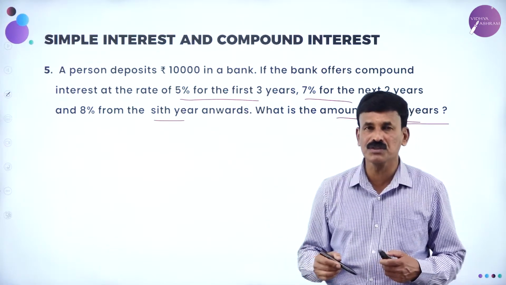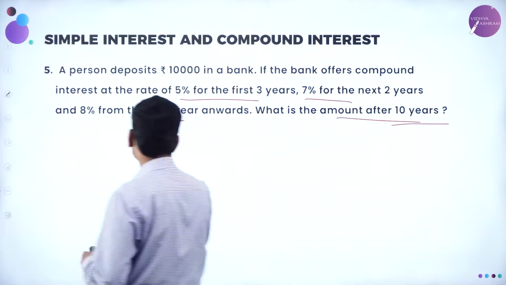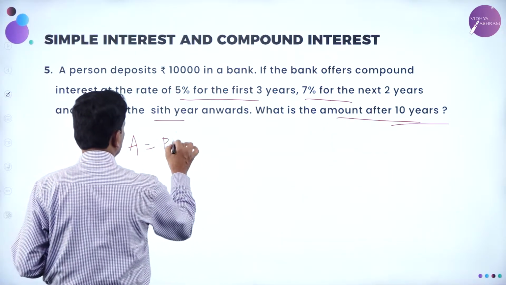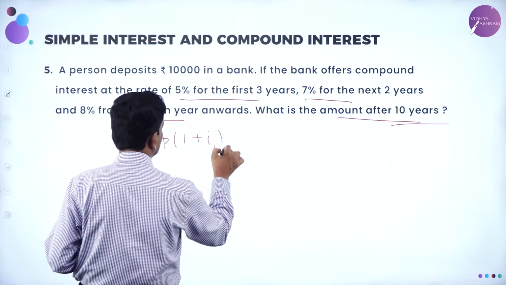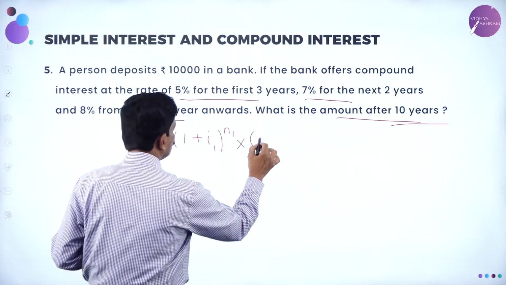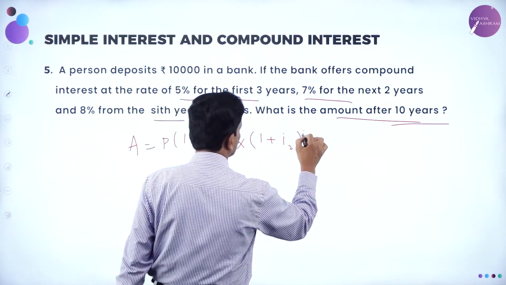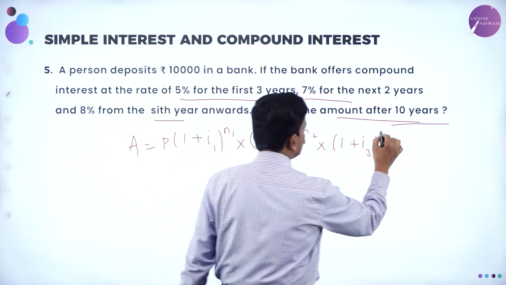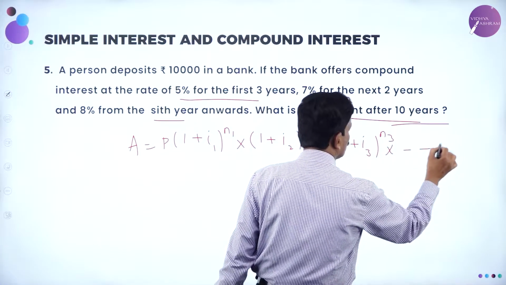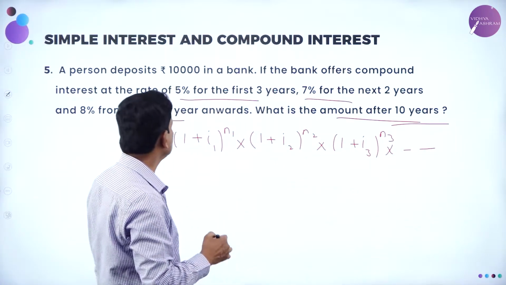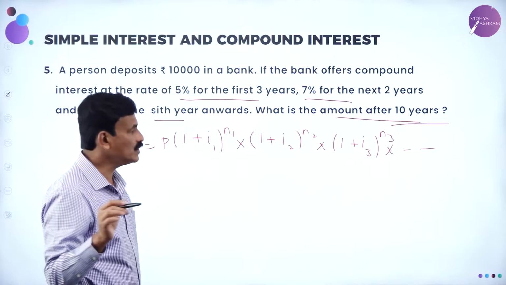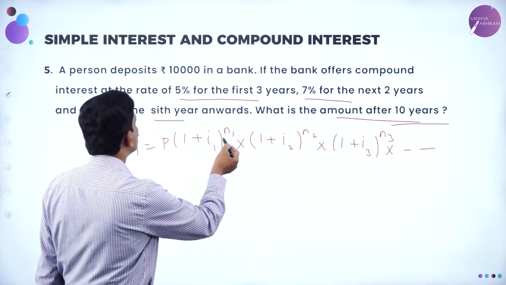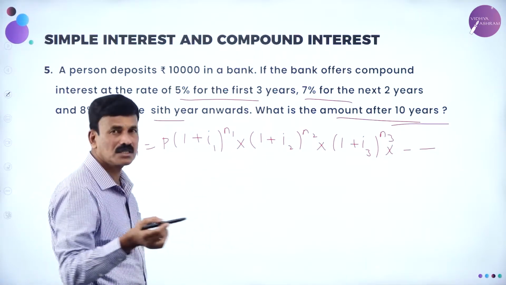The formula we are going to use is A is equal to P into 1 plus I1 to the power of N1 into 1 plus I2 to the power of N2 into 1 plus I3 to the power of N3, and so on. Here N1, N2, N3 are the years, and I1, I2 and I3 are the rates of interest.